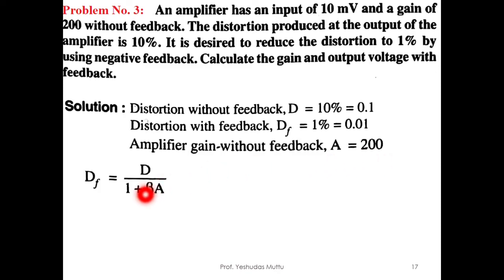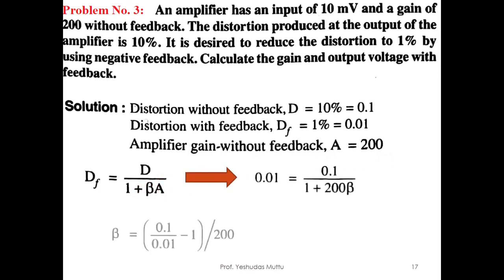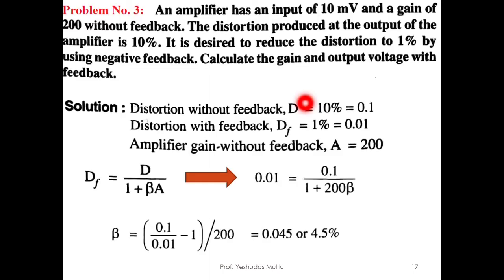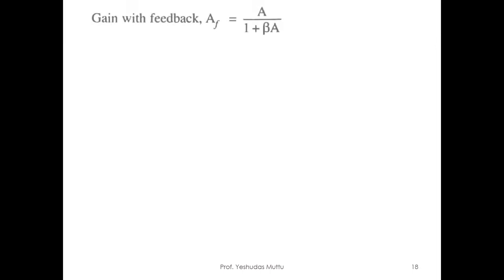Rearranging the terms, I'll get beta. Soon after getting beta, I'll use the AF formula because I need AF, the gain with feedback. So AF is equal to A upon 1 plus beta A. Substitute, see if you get 20.